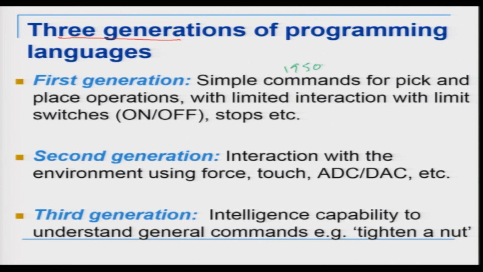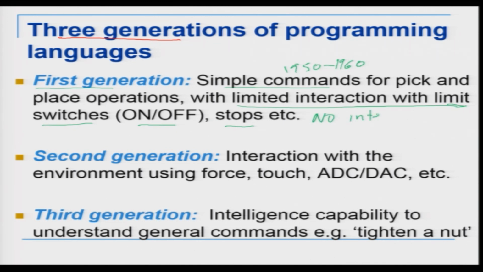The first generation language is about 1950s to 60s. The first robots that were made use the first generation languages, which essentially had simple commands for pick and place operations. For example, pick up this object from here, keep it here, and they had limited interaction with the world. They had limit switches for initialization, on off switches, and stops for end of work stage or work volume, but no interaction with the environment.